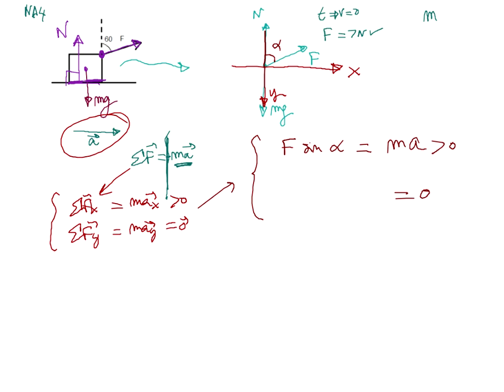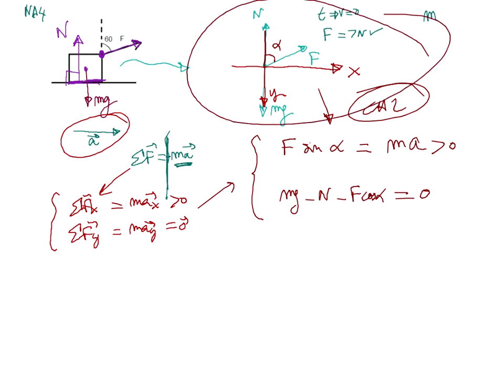And in the y, we'll have mg minus N minus F cosine alpha. So again, this step is chapter 2, vector. This is the science right here. This is vector analysis. So that was the first week. That's why we need to master this by now. And then the rest is high school algebra.